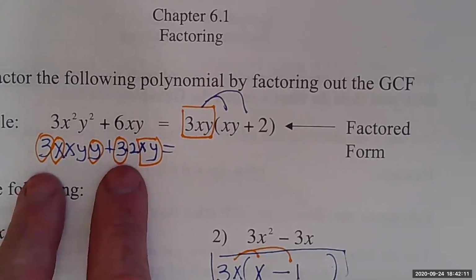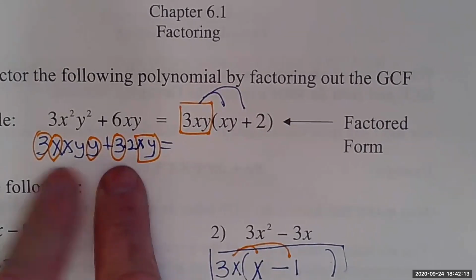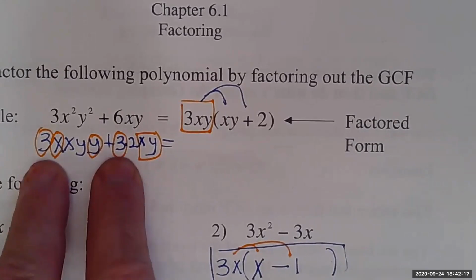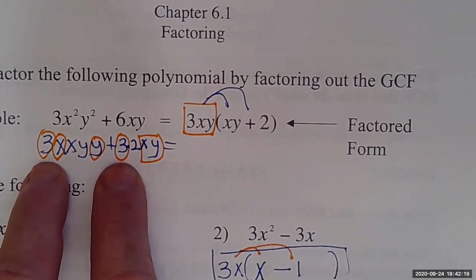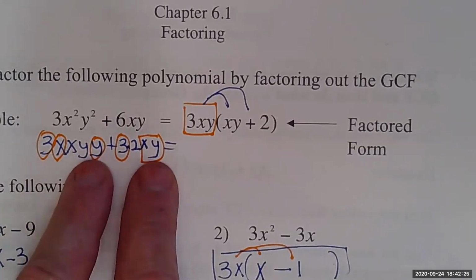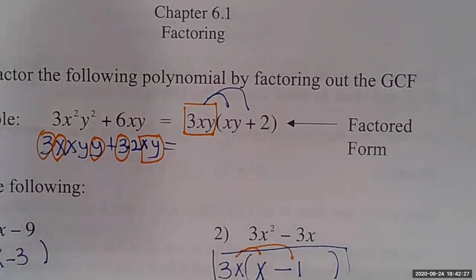So what's in common to both terms? This is the first term, that's the second term. They both have a 3, so I circled them. Oh, you know what? I see it now. And both of them have an x. Yeah, I was getting tripped up. Never mind. Disregard everything I just asked.